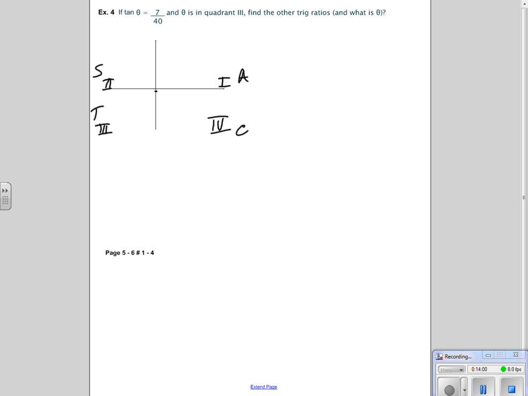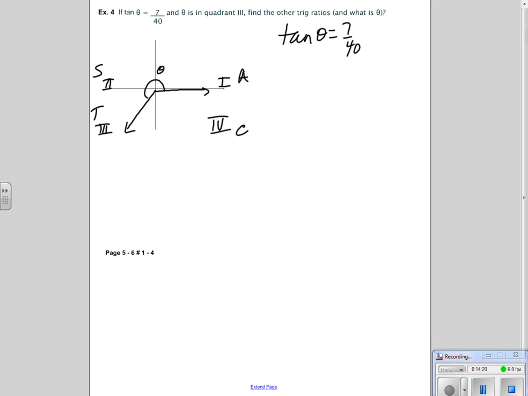So angle of rotation, initial arm, we're going to rotate into quadrant 3 just to give us a rough idea, and that is our angle of rotation. So if tan theta equals 7 over 40, we expect tan to be positive here.